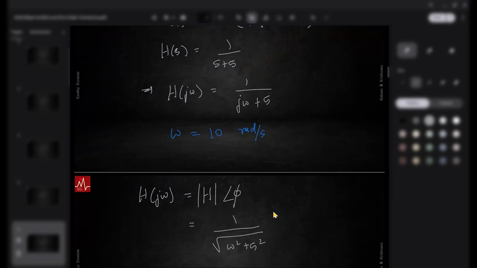The phase is the phase of the numerator minus the phase of the denominator. The phase of the numerator is tan inverse of 0 by 1, since the imaginary part is 0. And then this is negative tan inverse of omega by 5.